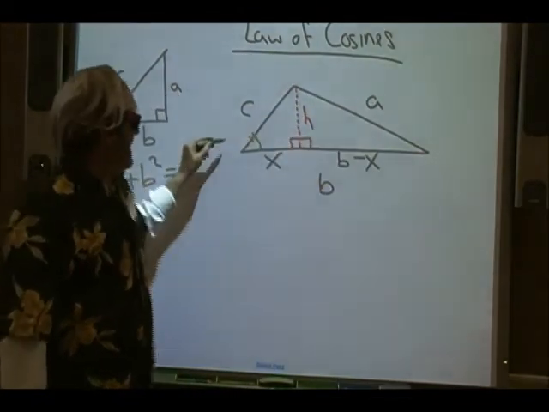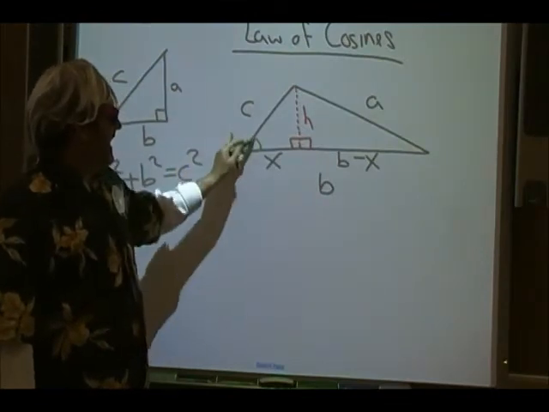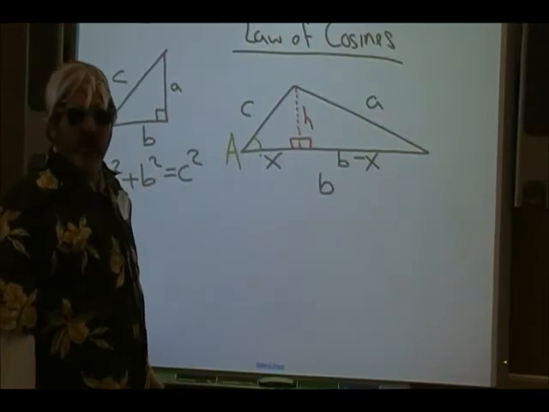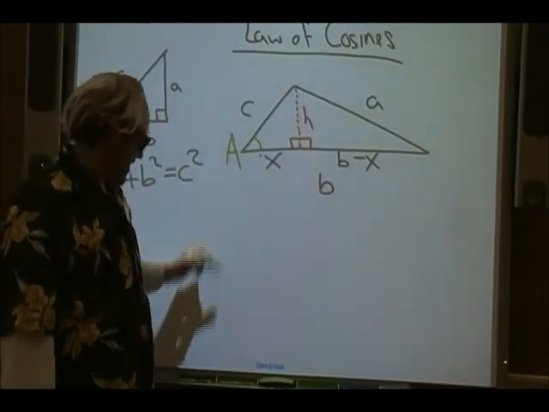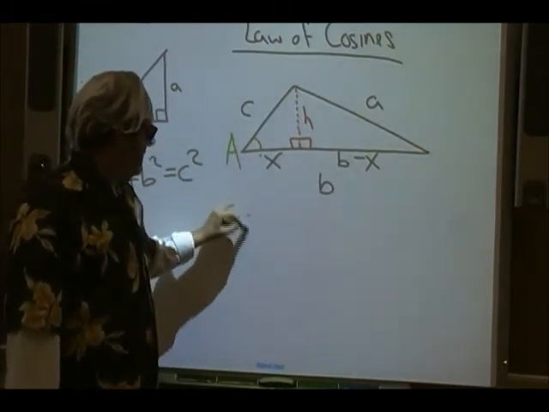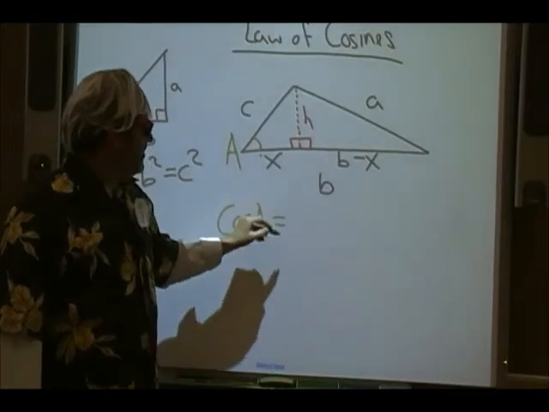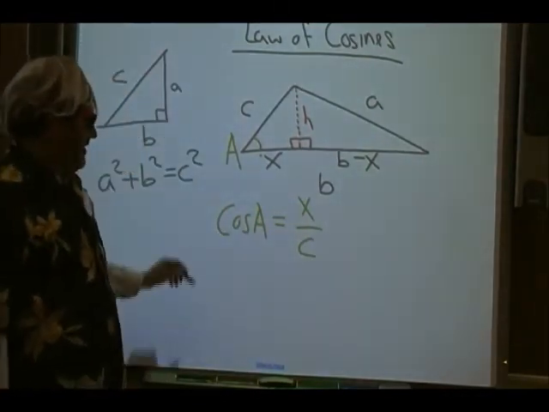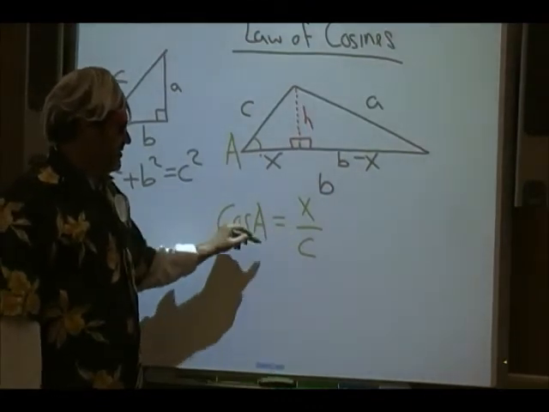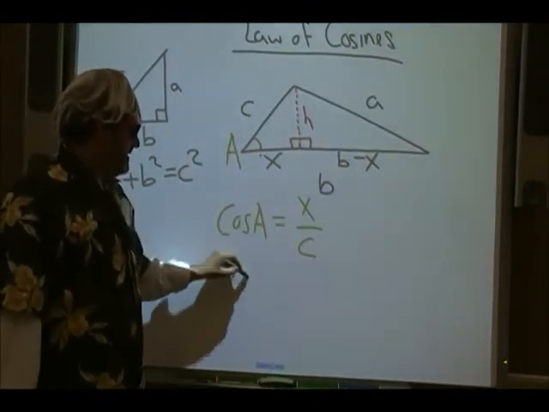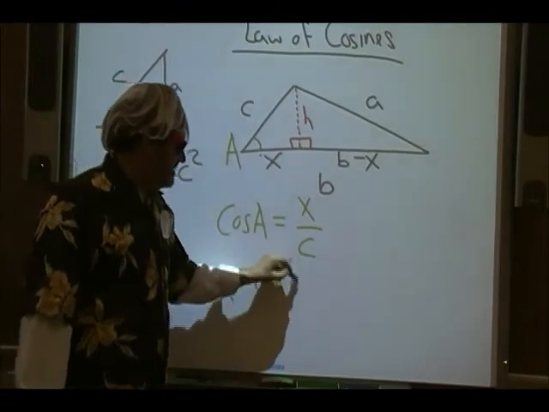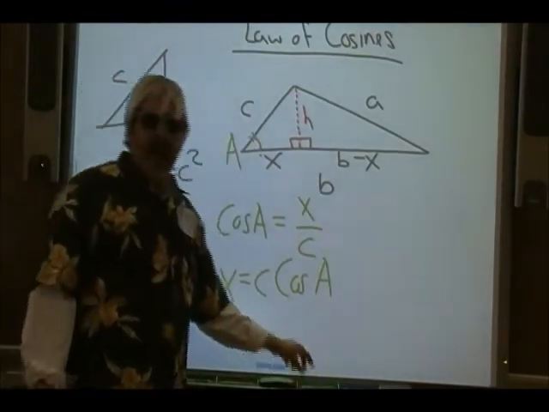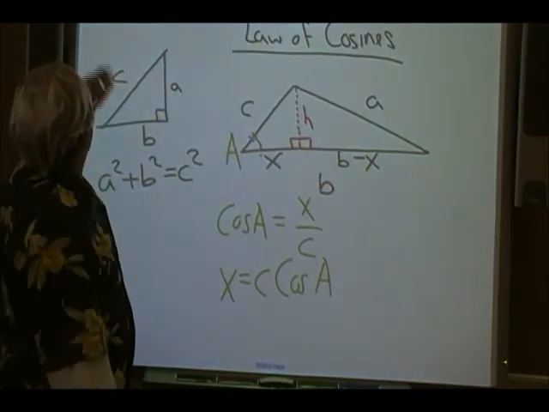So if this is little a, this is big A. And I can see that these two together are related by cosine. So cosine of A equals x over c. And that means by cross multiplying that x equals c cosine A. So let's remember that. X is c cosine A.